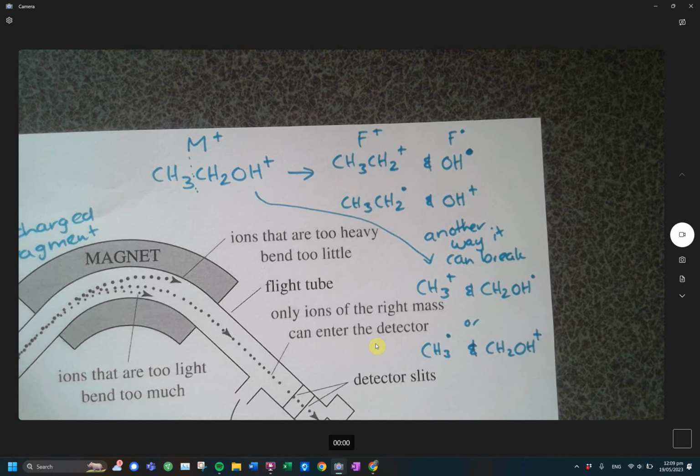So there's lots of ways it can break, and there's lots of different fragments that can be made. So we're just looking at how the organic molecule breaks. And you can literally break it anywhere. Because these two things add up to that guy.